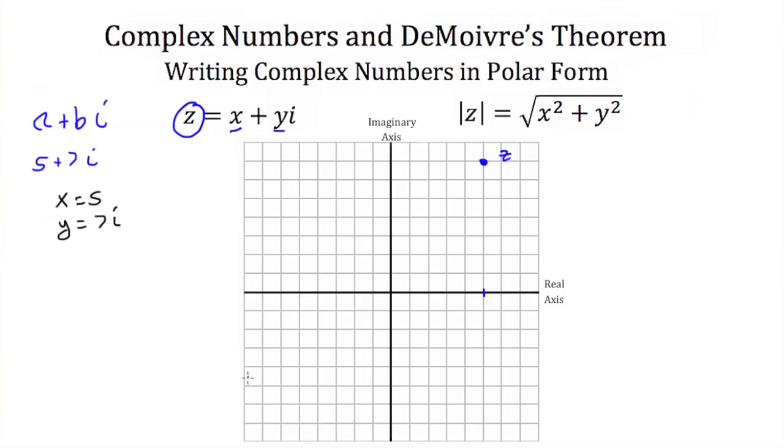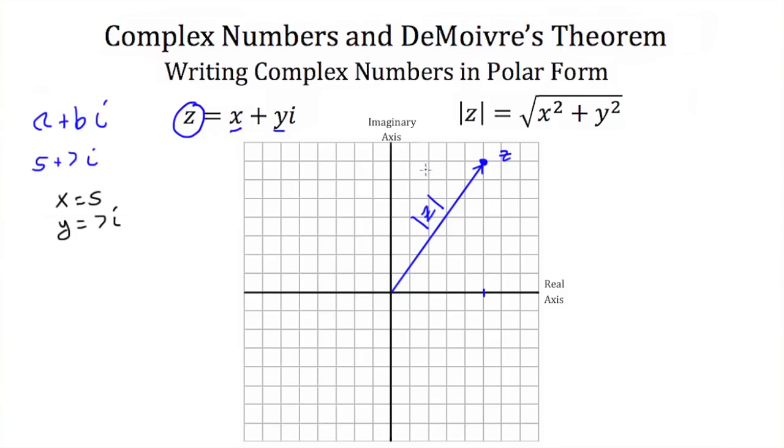Now when you take the absolute value of a complex number, remember that the absolute value is the distance that point is from the origin. If we were taking the absolute value of 5, well, that's just 5 because it's 5 units away from our origin. If we want to find the absolute value of a complex number, though, we would want this distance. This distance is the absolute value of z.